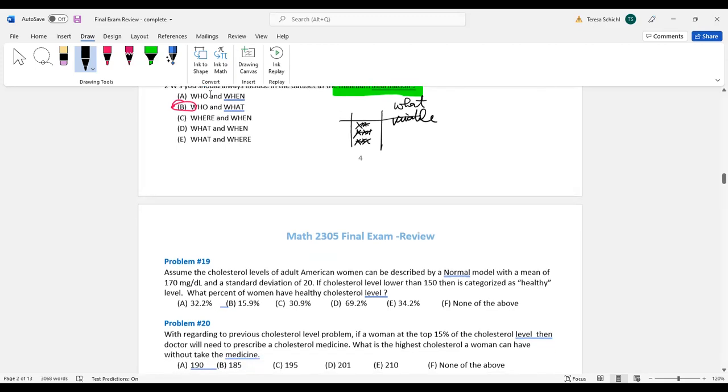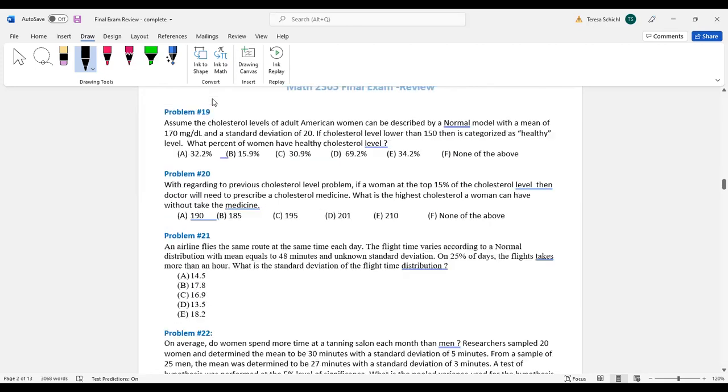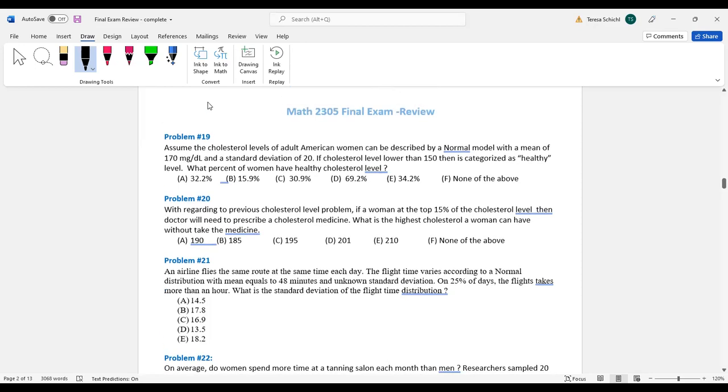Okay, now let's take a look at number 19. See here. We said assume the cholesterol level of adult American women can be described by a normal model with a mean of 170 and a standard deviation of 20. If a cholesterol level is lower than 150, it's categorized as a healthy level. What percent of the women have healthy cholesterol levels?